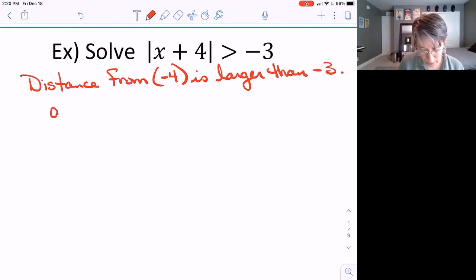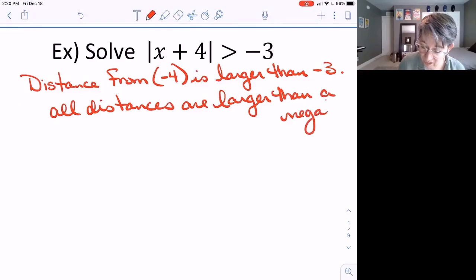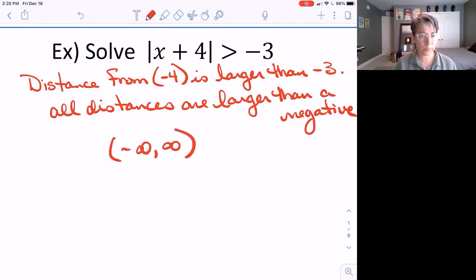Well, all distances are larger than negative 3, than any negative, actually. Because remember, your absolute value would always give you a positive number. Positives are always larger than negatives. So any value of x from negative infinity to infinity would work, for all real solutions, or all real numbers, I'm sorry.